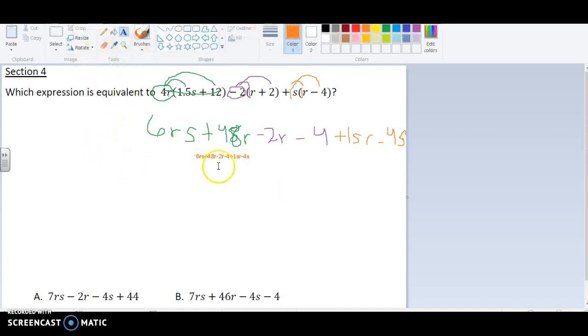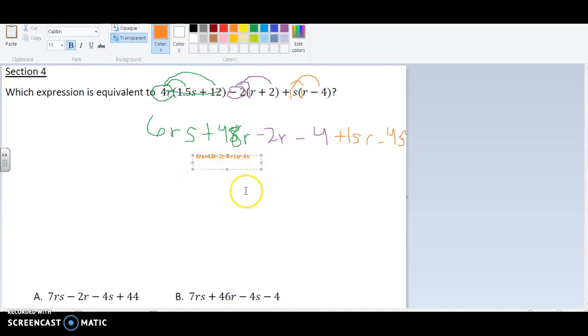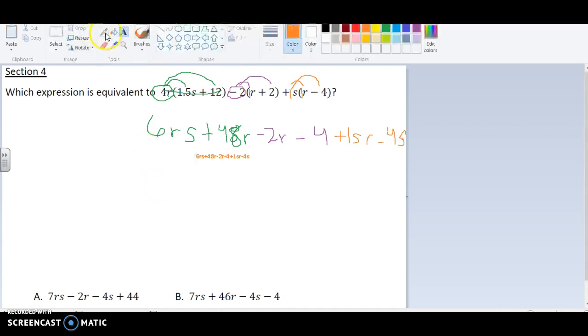All right, so now let's combine like terms. Okay, so we're going to combine like terms.